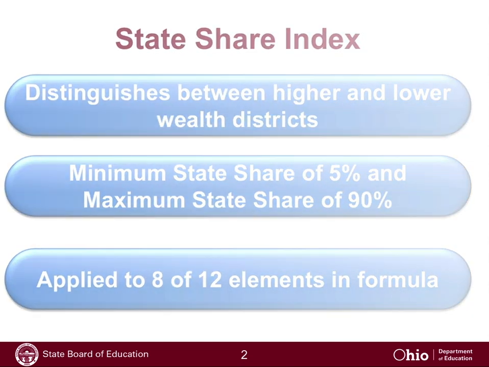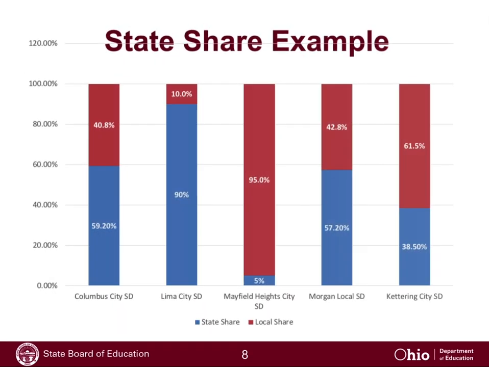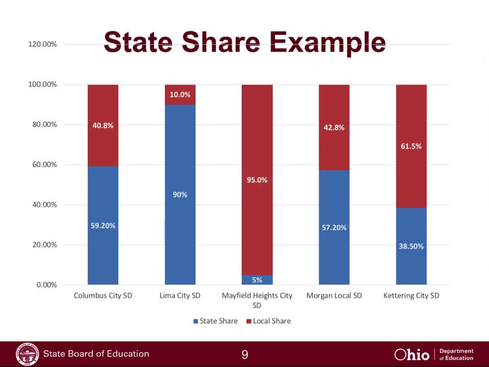This next slide actually illustrates an example of how the different state and local shares look, and the slide after that will give you an even more granular view of how it looks across the state. Thanks, Paulo. So this next slide gives several examples of different types of school districts and what their state share is in this biennium.